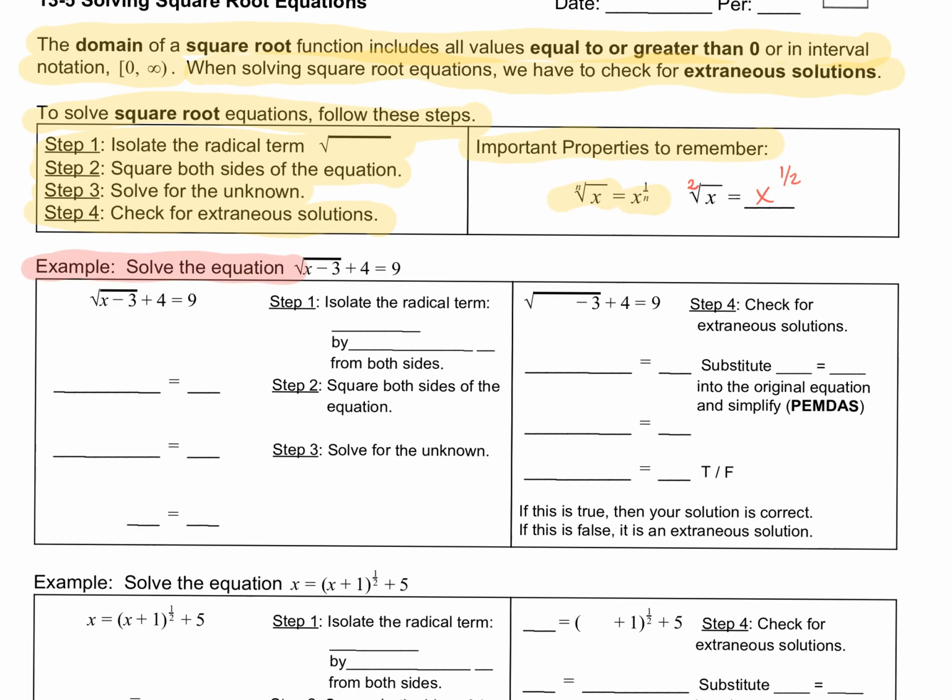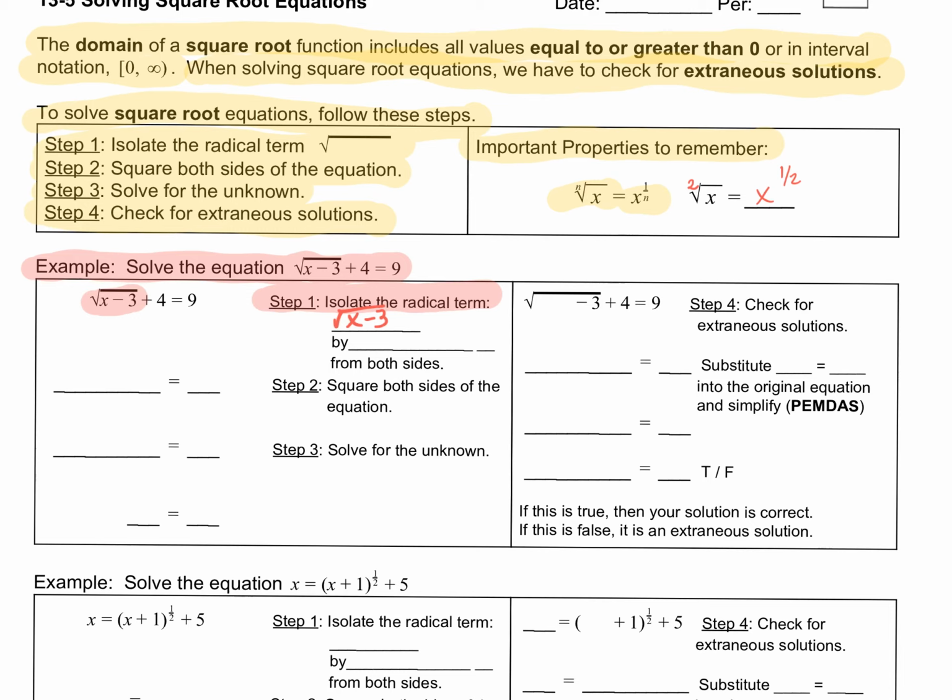Solve the equation square root of x minus 3, plus 4, equals 9. Step 1, isolate the radical term. The radical term is the part that has the root. When I look at this, the radical term is square root of x minus 3. So I'm going to write that down, square root of x minus 3.